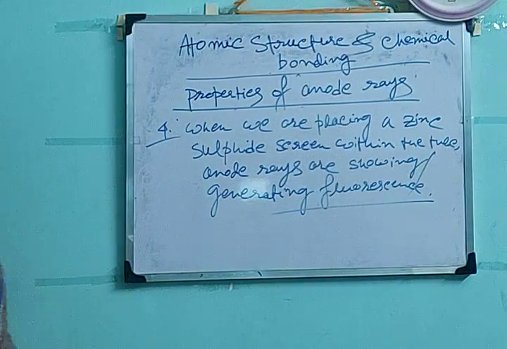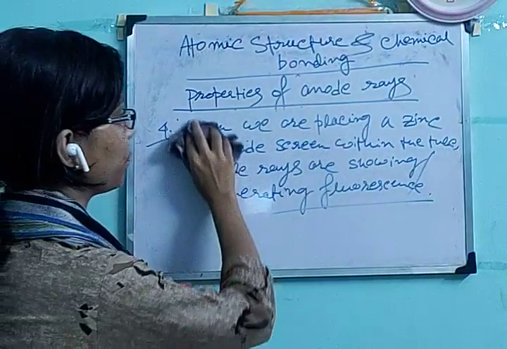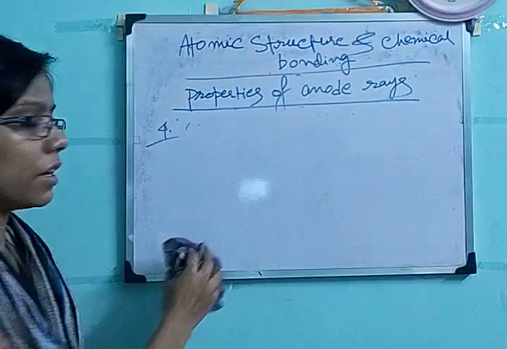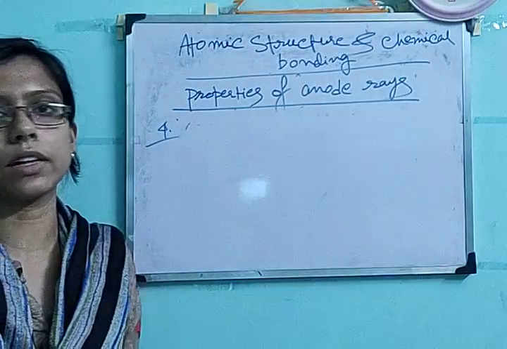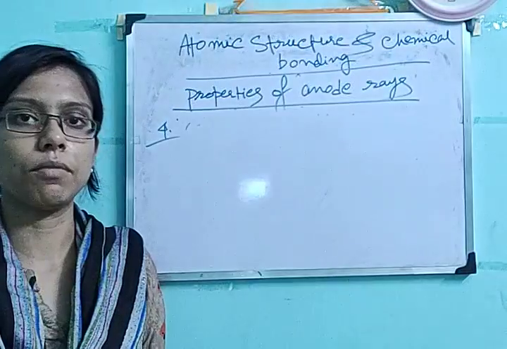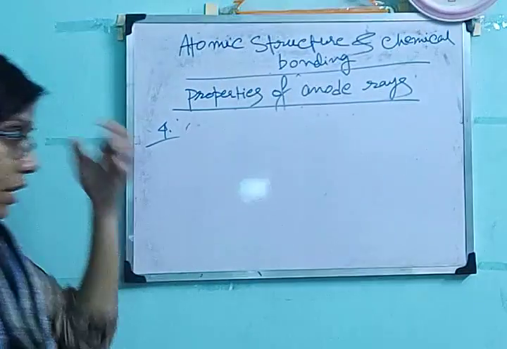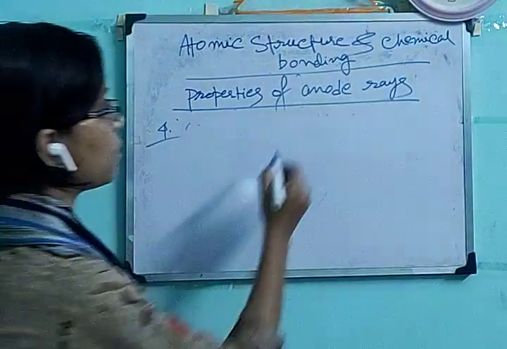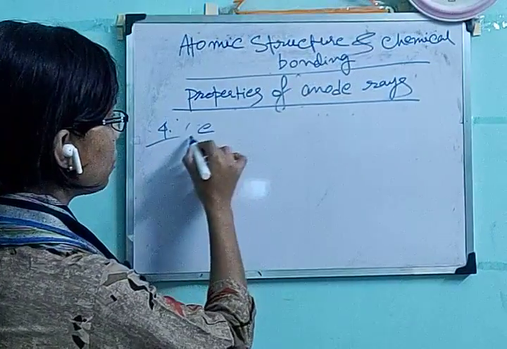Now the next point is the E by M ratio. We have discussed that the E by M ratio for any electron is the same, irrespective of the gas. But in case of anode rays, that is for positively charged rays, the E by M ratio is not fixed.